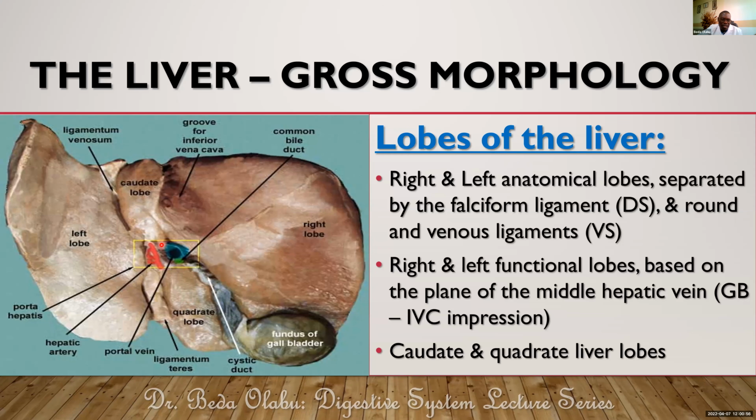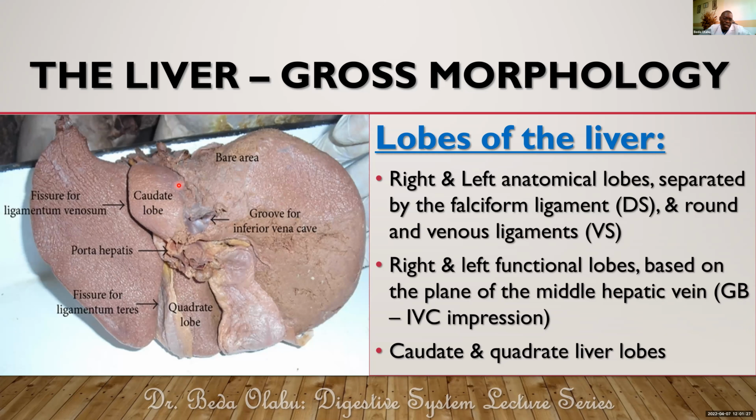Anatomically, the caudate and the quadrate lobes of the liver are on the right anatomical lobe, but physiologically, they are on the left physiological lobe. So if you look at the right and left physiological lobes, caudate and quadrate are on the left, but anatomically, they're on the right. That's the take-home message from that long description.